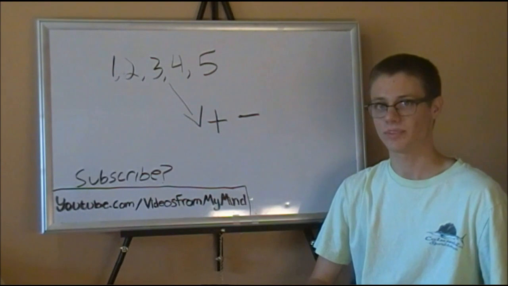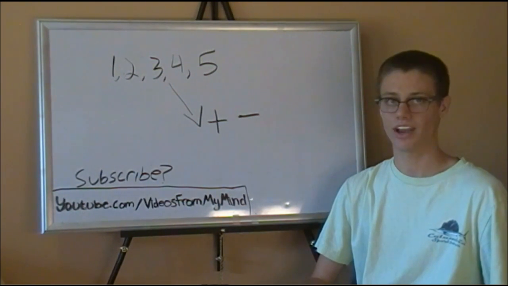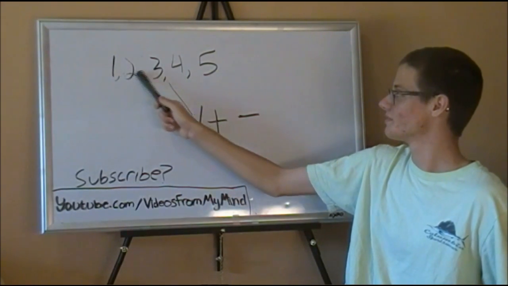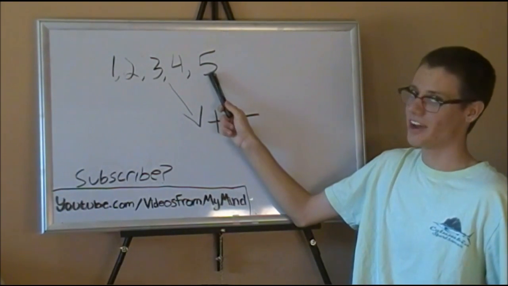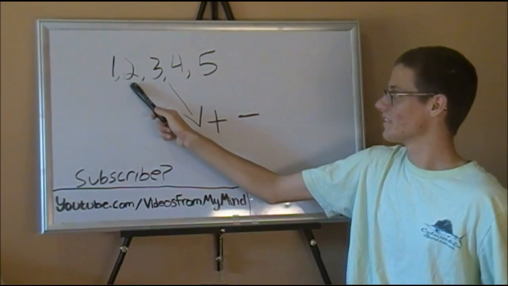Even though it might not be something you think about on a regular basis, addition and subtraction are just glorified ways of counting. You count up the amount you want to add, and you count back the amount you want to subtract. 1 plus 4 is 5. 5 minus 3 is 2.